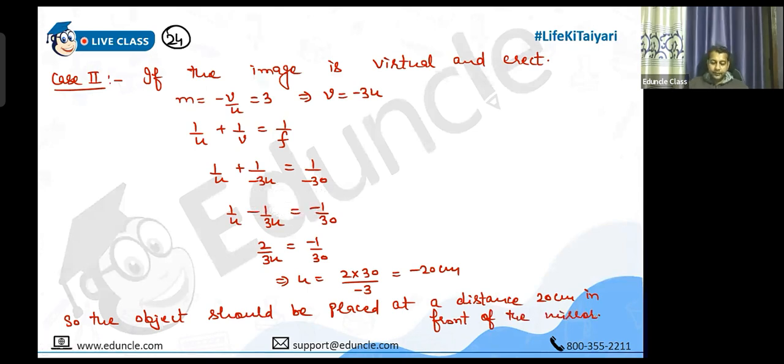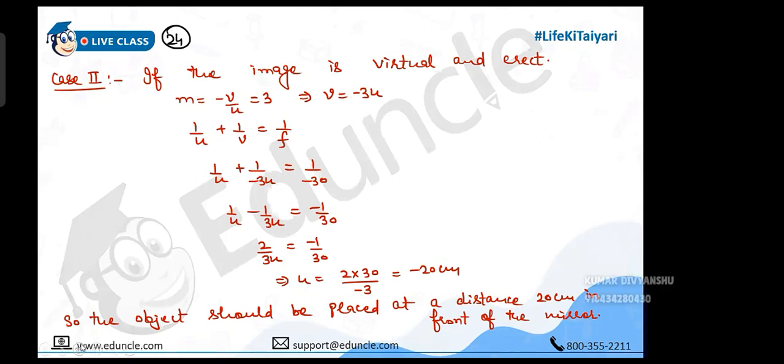Okay, so these are the two possibilities. Clear? Is it clear? Yes, sir.